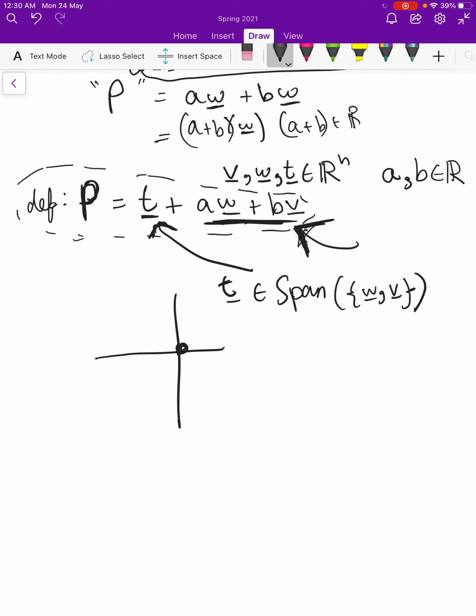We're saying that there are two elements, a and b, that will equal t at some point. That's what the span definition is. And if we're able to get the zero vector, then our plane is going through the origin. Keep that in mind.